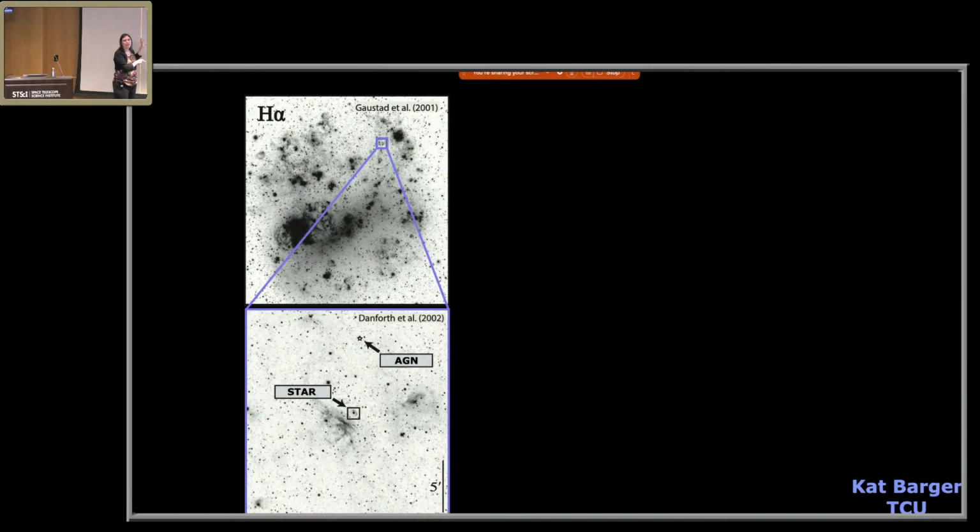This is an experiment I did back in my postdoc years, where we looked at this direction over here, where there happened to be not only a UV bright disk star in the LMC, but additionally a background AGN. The reason why that's important is because if we use a background AGN, we can probe the material on the back side of the disk of the LMC, in addition to the front side.